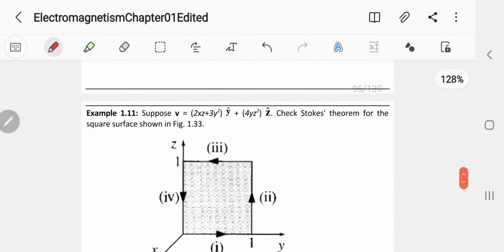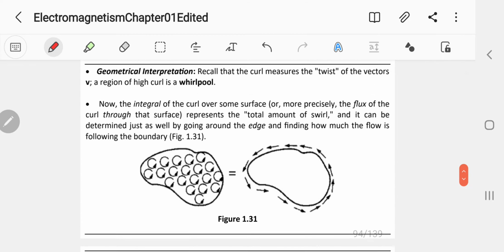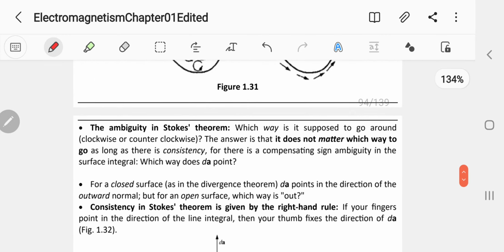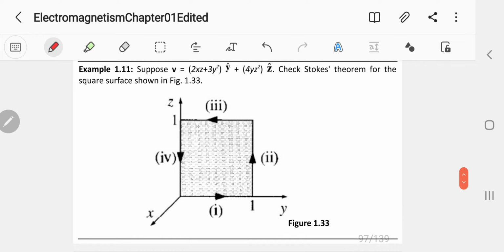If you use this formula here, you'll be dealing with the segments enclosing the surface. So you have segment 1, segment 2, segment 3, and segment 4.